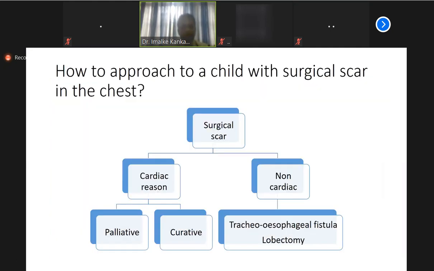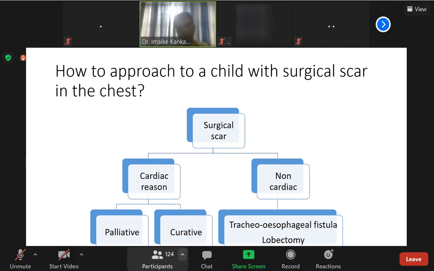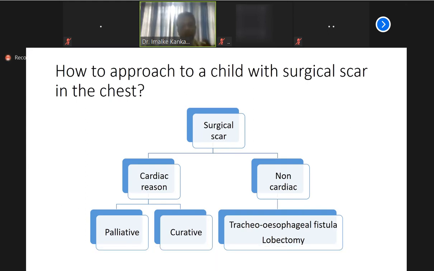Now, this will be a common kind of case for you all, because nowadays children get early heart surgery compared to probably 20-30 years ago. So this is how I look at a child with a surgical scar in the chest.